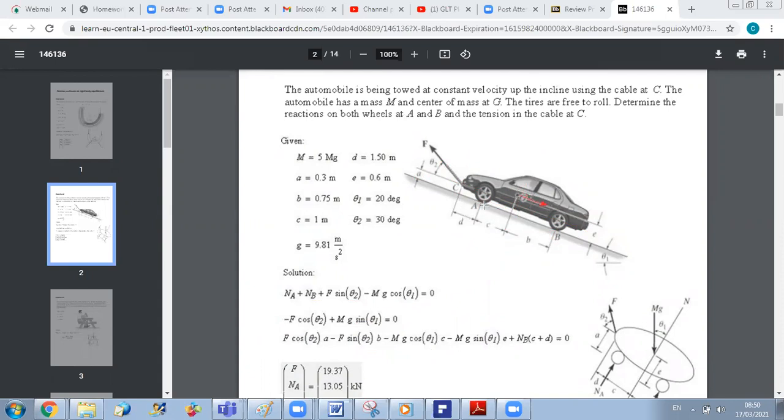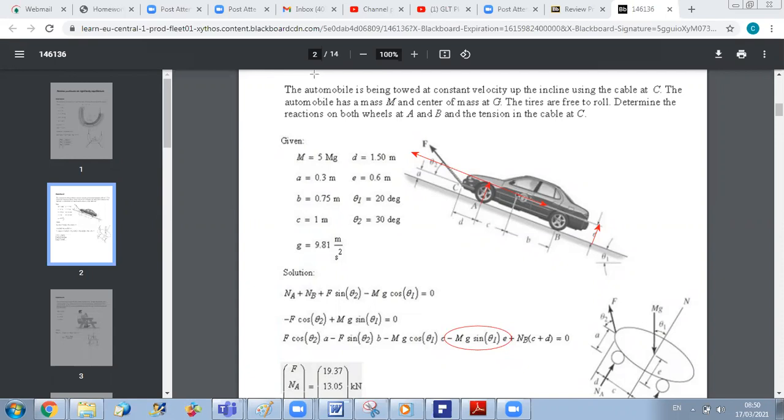The distance from A to this line, if you extend it like this and you draw the perpendicular from A, this is the distance you should consider. This distance is equal to E. So you should do minus mg sine theta 1 times E. So this represents the moment of the X component of the weight about A, okay?